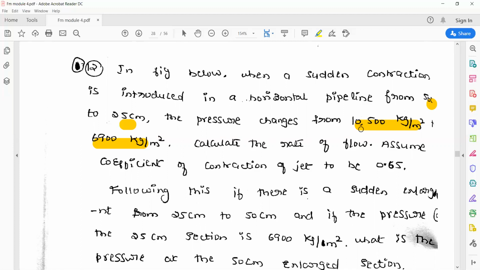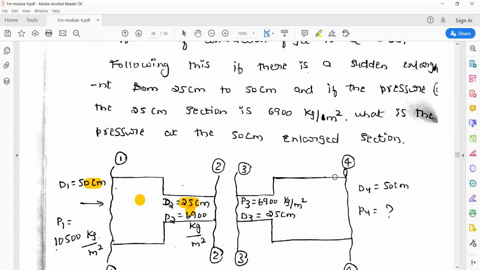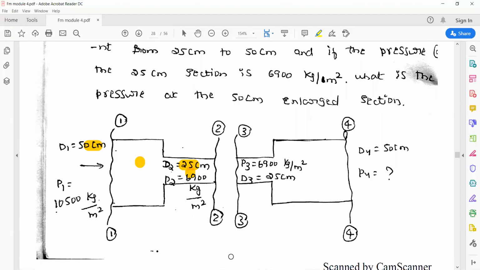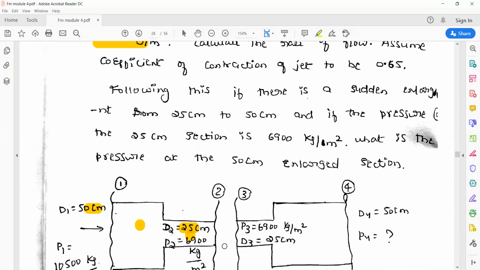But kg has to be converted to Newton. You need to multiply with 9.81 gravity, right? So 6,900 into 9.81, kg to Newton has to be converted. So the values of P1 and P2 you can write here in the given data.